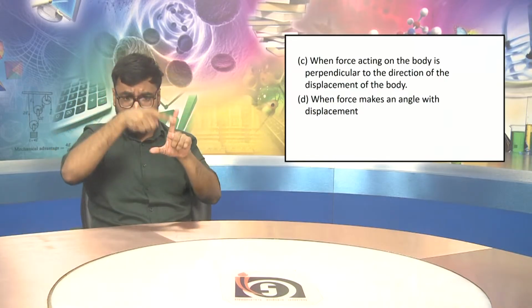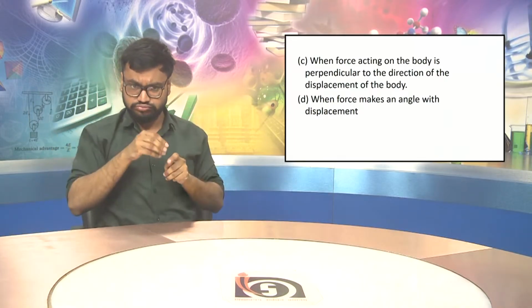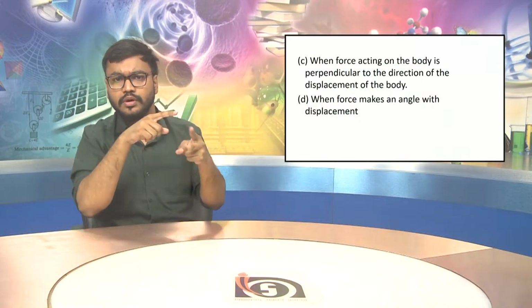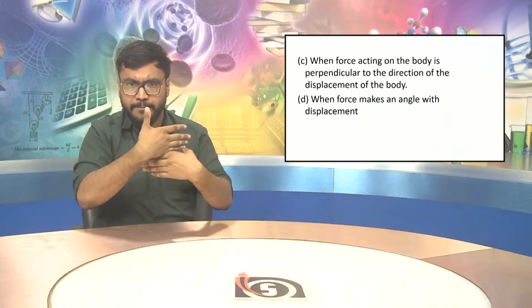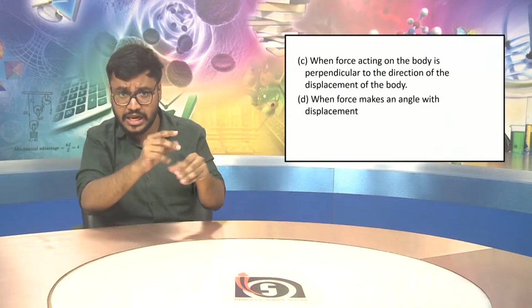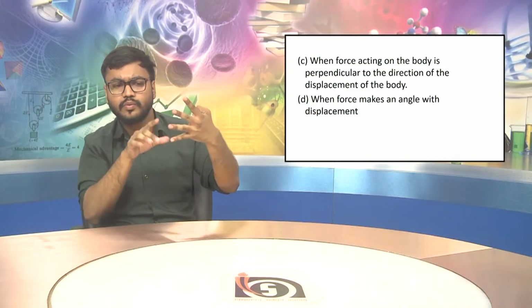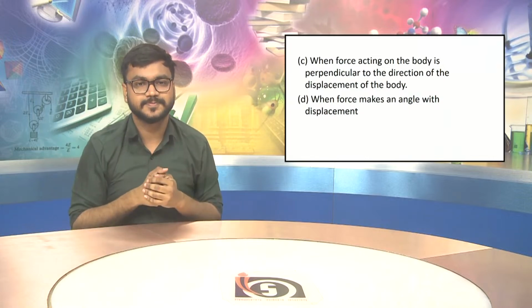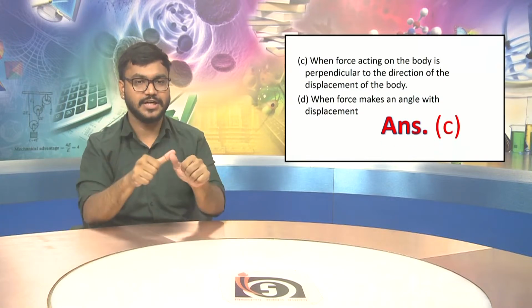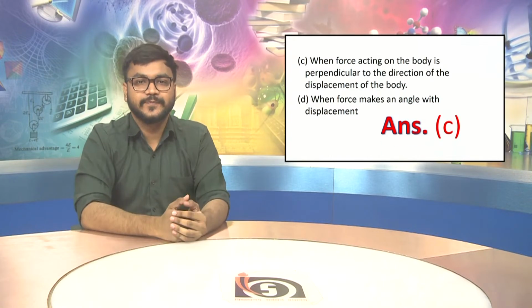When force acting on the body is perpendicular to the direction of the displacement of the body. And fourth, when force makes an angle with displacement. Now the answer is C.